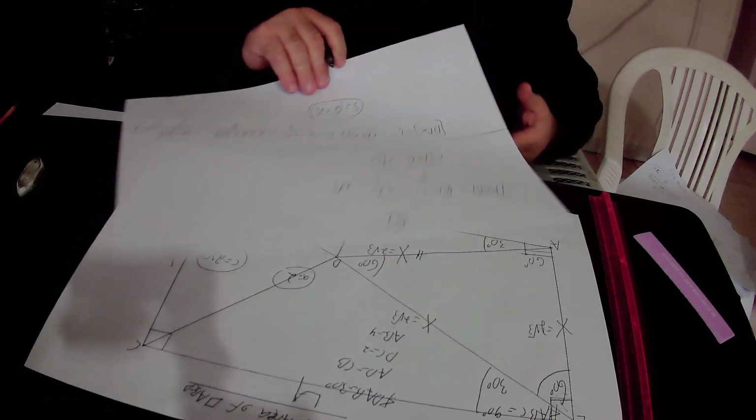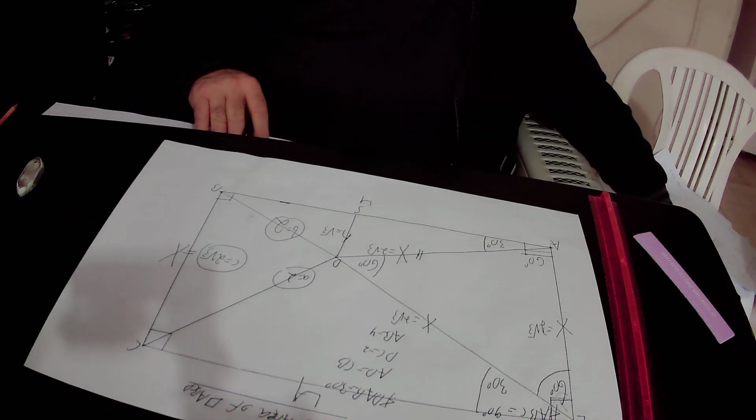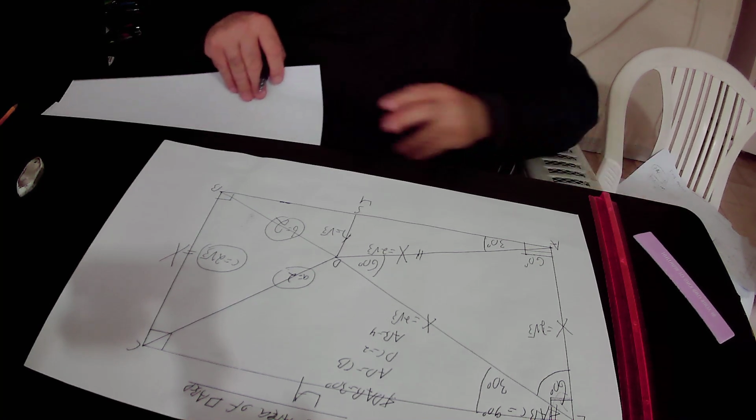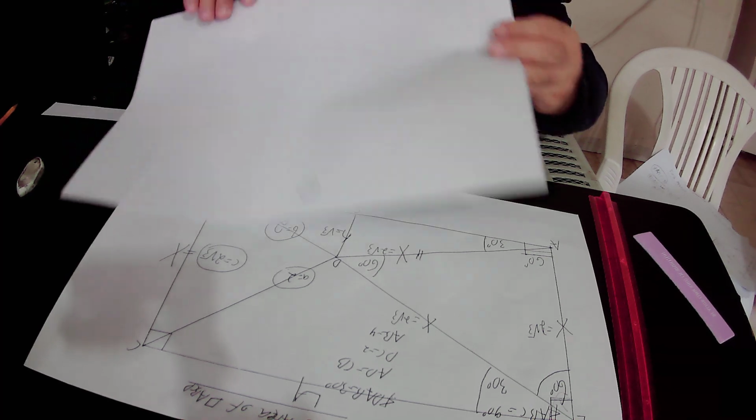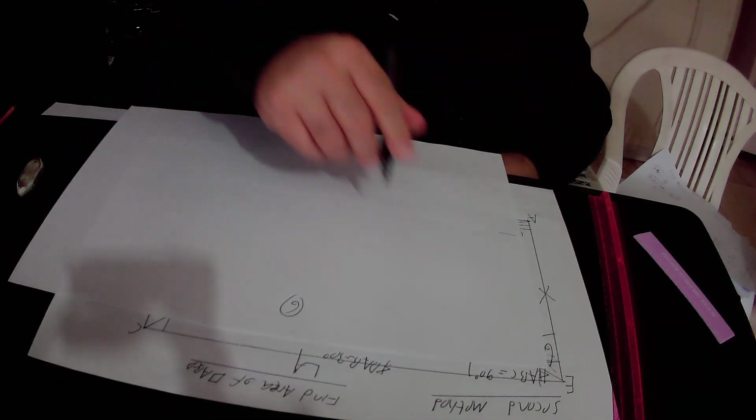And then the area of triangle DBC, we will find it according to a special formula.